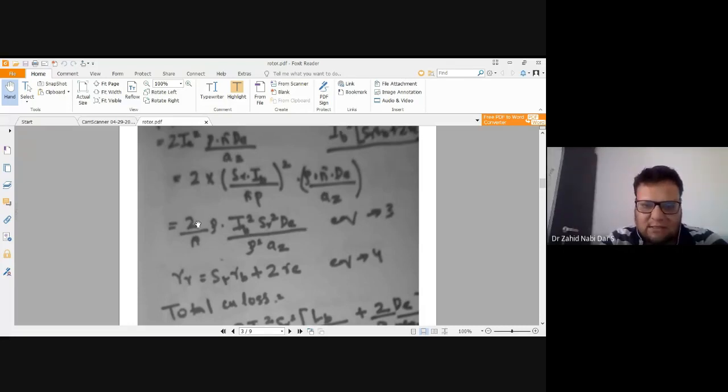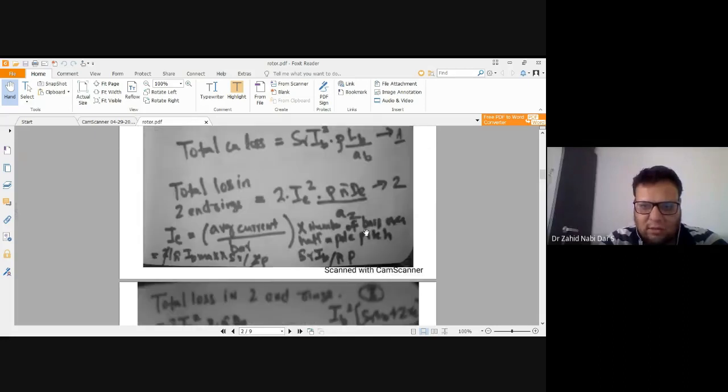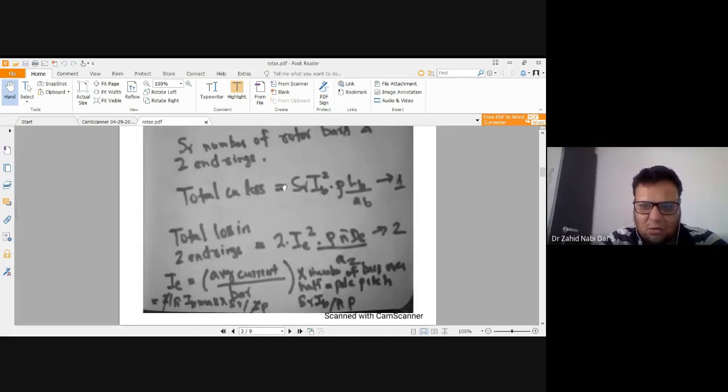So what you do is add equation 3 and equation 1, and now this is the total copper loss. Total copper loss is the combination of the loss in the end ring plus the copper loss in the bars.